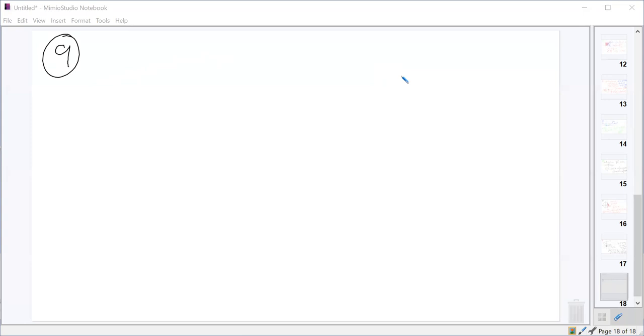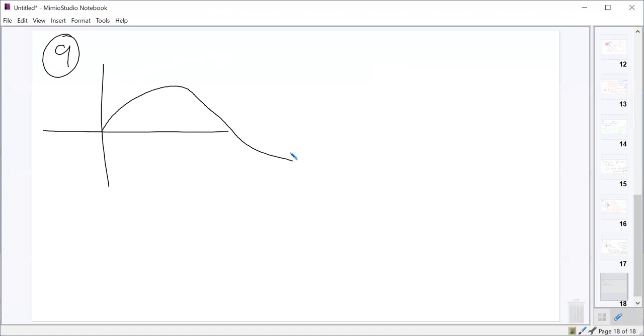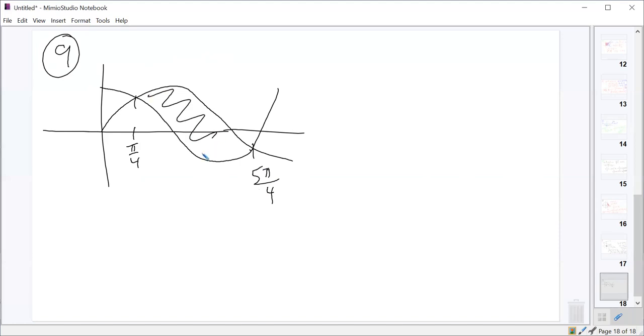We got bounded above by sine x and bounded below by cosine x, from pi over 4, so right here, to 5 pi over 4, and 5 pi over 4 would be over here where they intersect again. Everybody good with that? So we're looking for the area of this region right here.